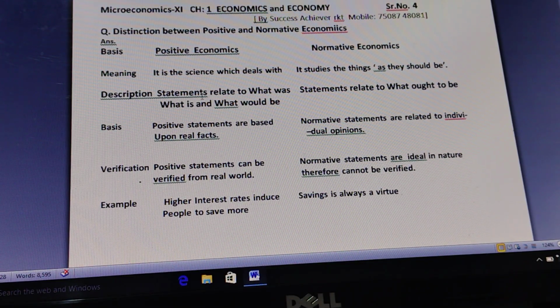Now, the next difference is between positive and normative economics.